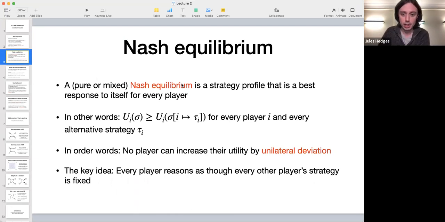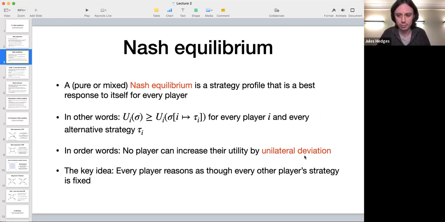And a Nash equilibrium is defined to be a strategy profile that for every player is a best response to itself. So here we've taken sigma and then updated where the ith player plays sigma_i, but that's doing nothing. That is to say, this is what happens if player i follows the strategy. Their payoff is at least as high as anything else that they could have done, given that all of the other players are still playing sigma.